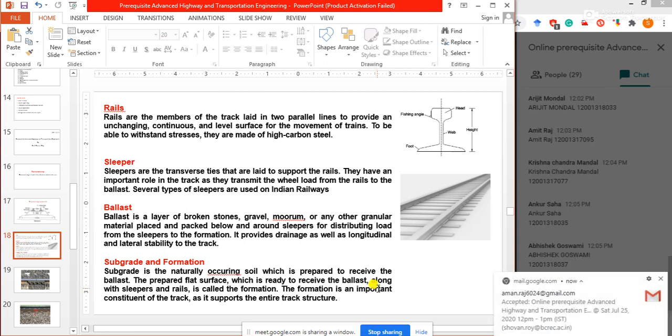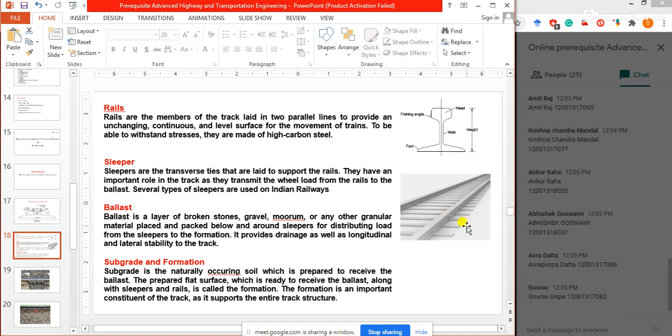As you can see, this is the figure of rail and sleepers. This is the longitudinal rail, and these are the sleepers in the transverse direction. These sleepers transfer the load to the ballast and the formation, and then subgrade and formation.